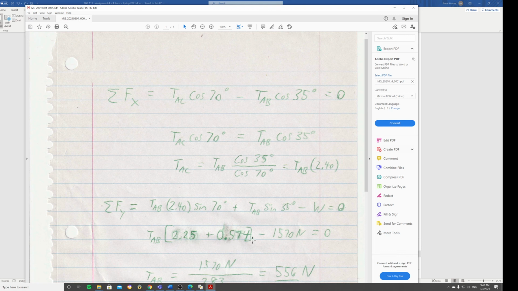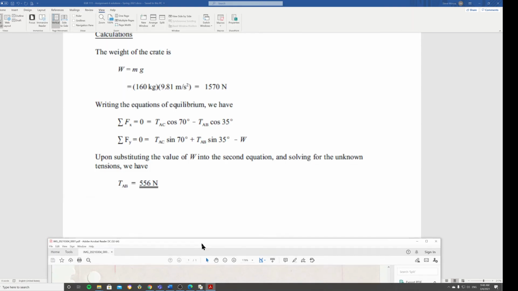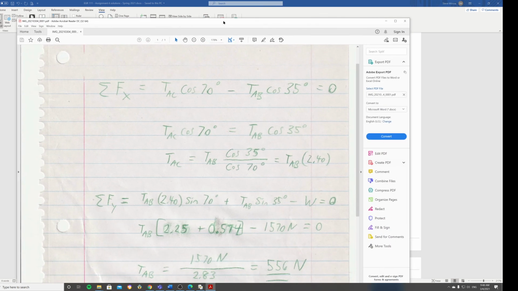Then I substitute in for W, putting 1570 newtons on the right hand side of the equation, combine these two, and divide both sides by the sum of these two, which is 2.83. Then I come up with 556 newtons for this problem. So this was the missing details that the solution set didn't have. And that is basically it for this particular problem.